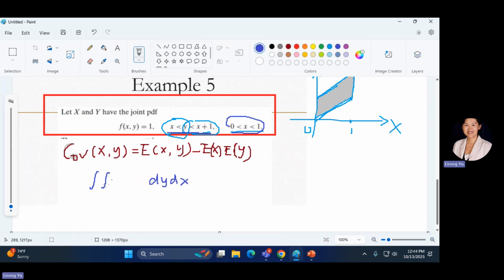The x is 0 to 1, as you can see, and y goes from x to x plus 1. Sometimes the definition itself is a good indication of what the order will be.